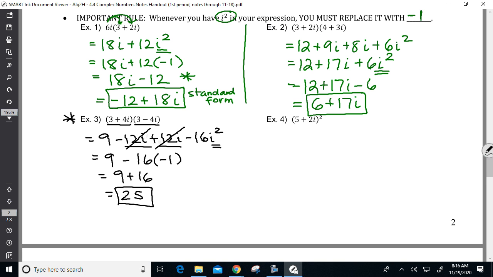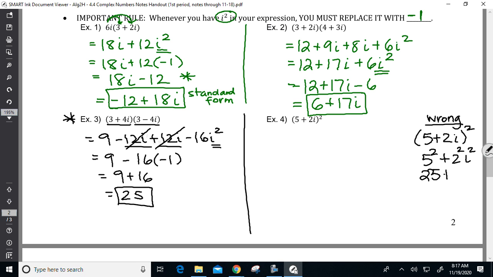And then example 4, 5 plus 2i squared. So again, there is the wrong way to do it, and that's 5 plus 2i, 5 squared plus 2 squared, i squared.